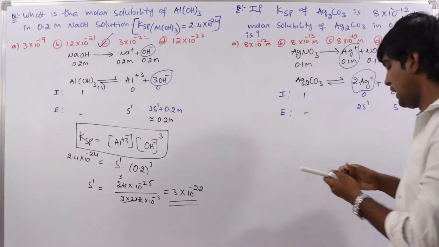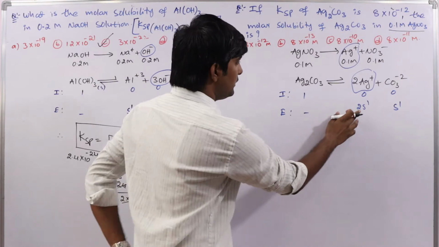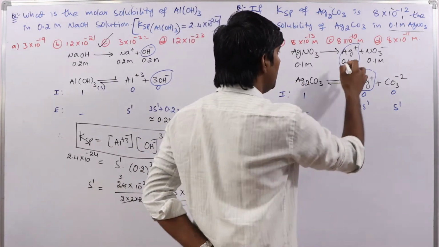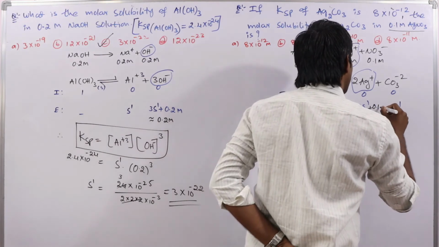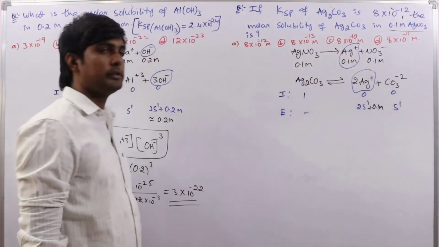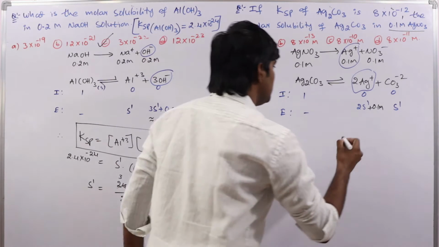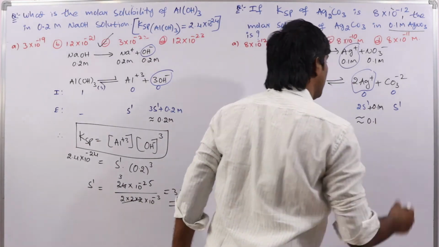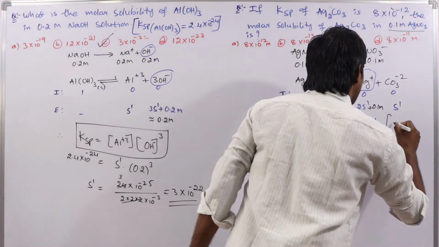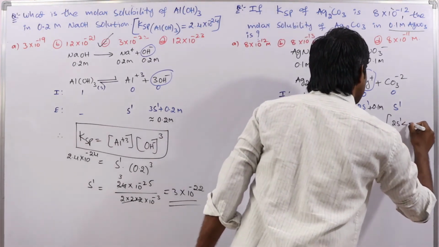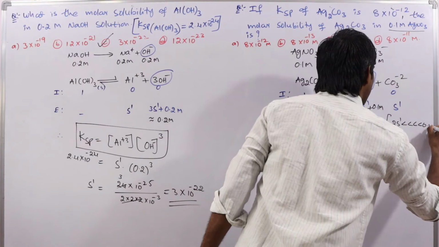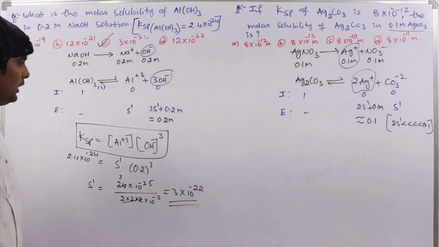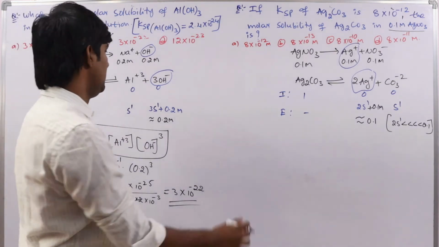Silver is the common ion. So here this 2S dash is the contribution of silver carbonate, and still we have 0.1 molar from the strong electrolyte. But again same story, this 2S dash is much less than 0.1. If you have any confusions you can write 2S dash is much less than 0.1, so we are neglecting. Okay, here also you can write in that way.